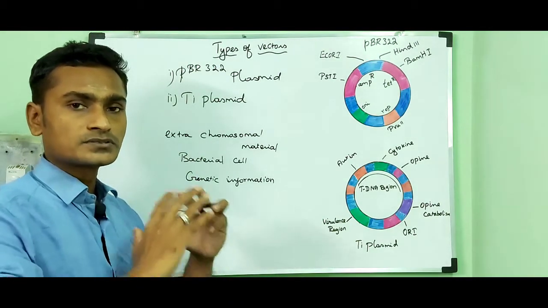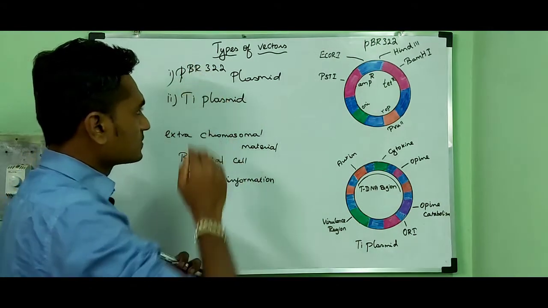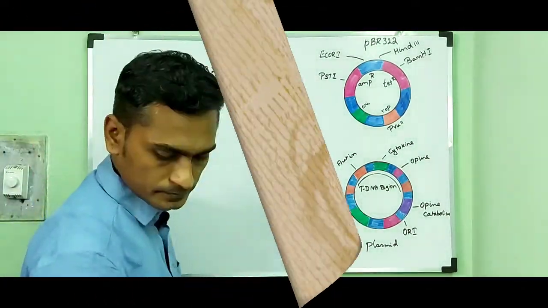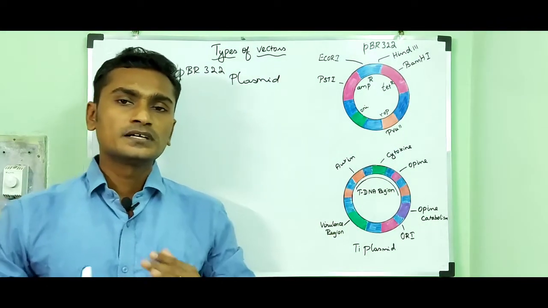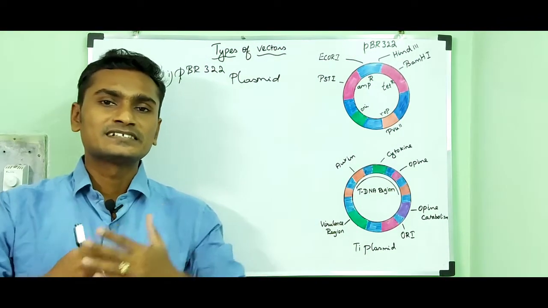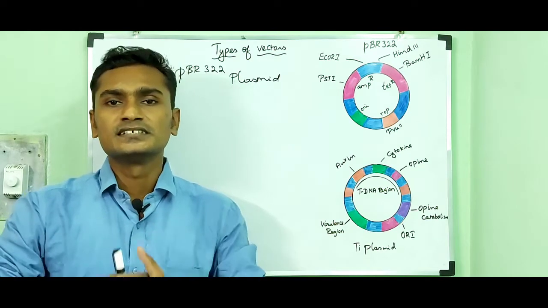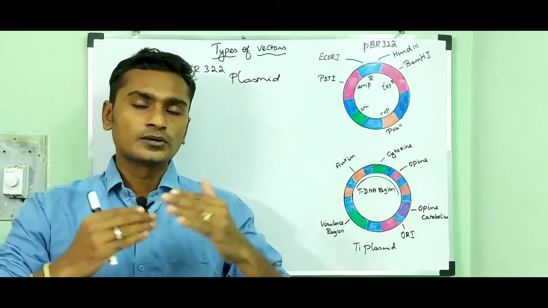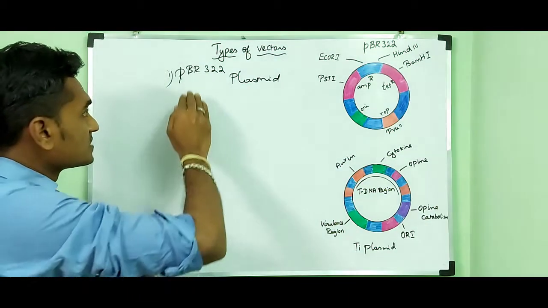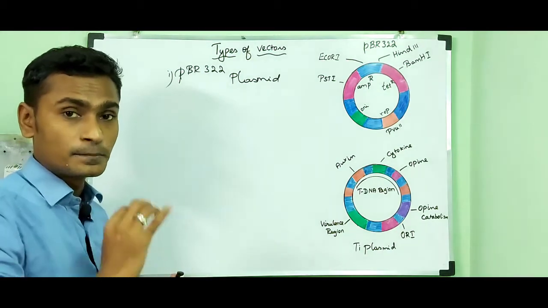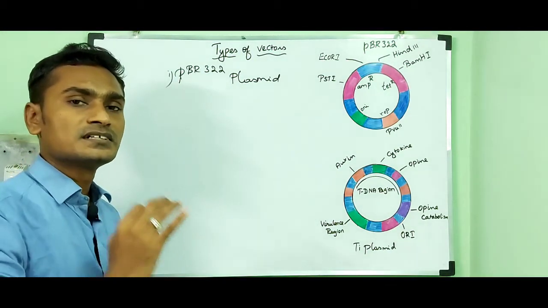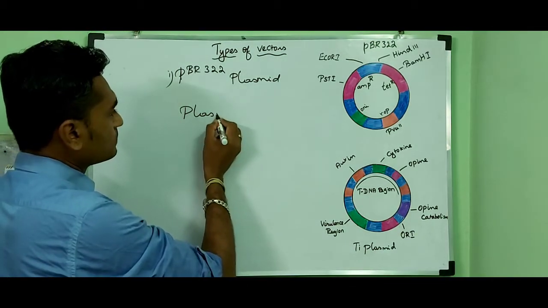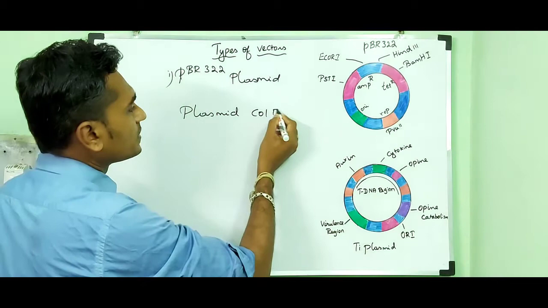First I am going to tell about the PBR 322 plasmid. The PBR 322 plasmid is a reconstructed plasmid. That means it is a genetically constructed or engineered plasmid which is widely used in gene cloning experiments. This PBR 322 plasmid is derived from a naturally occurring plasmid called E1.